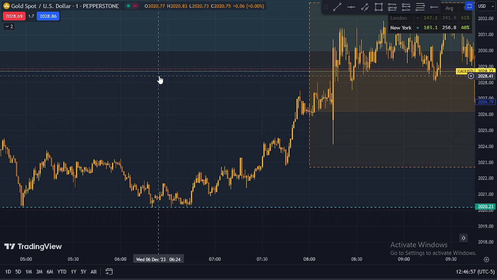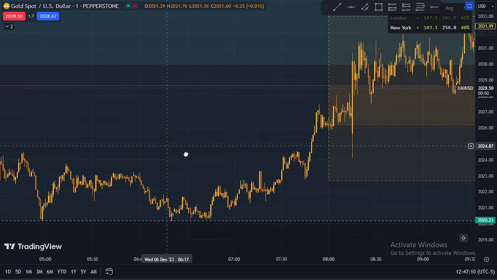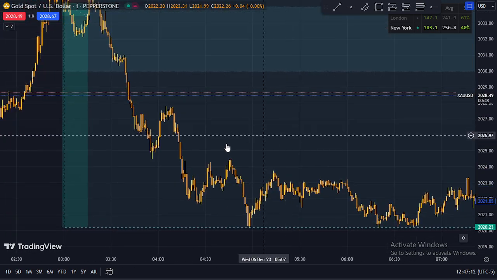So if you want to trade the indices, you either go for the NAS 100, US 500, or the SPX 500. So yes, those were the trades.